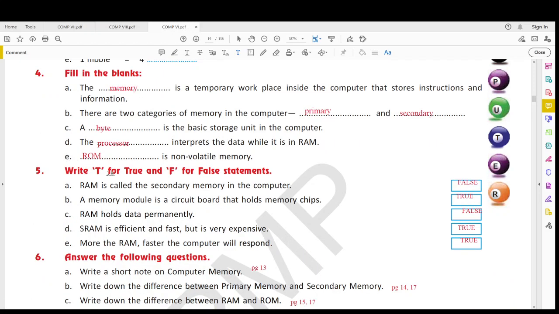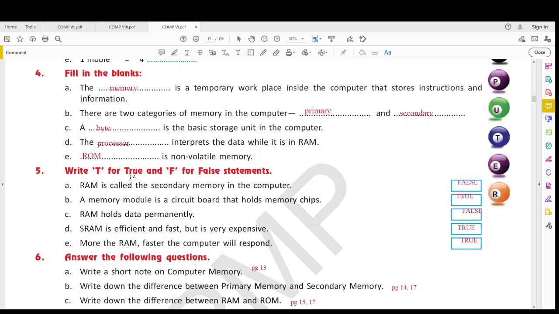Next, write T for true and F for false statements. I have written the whole thing. False, true, right? RAM is called the secondary memory in the computer. No, is RAM secondary memory? Secondary memory is the hard disk or the compact disk or the pen drive, flash drive are the secondary storage.